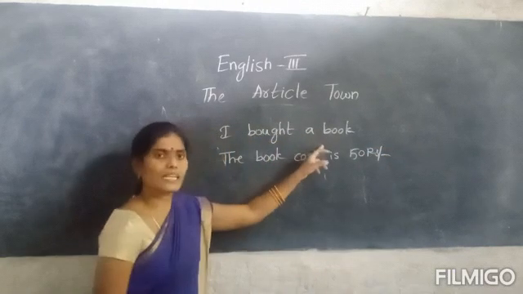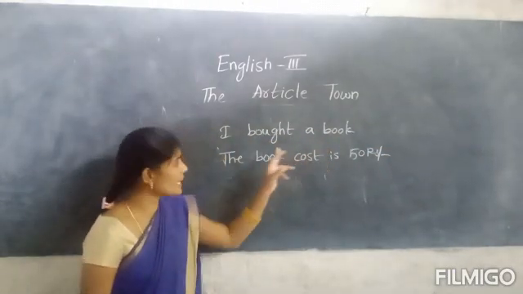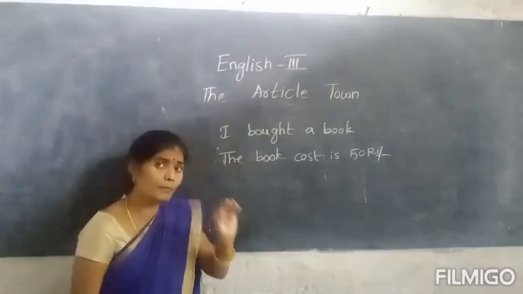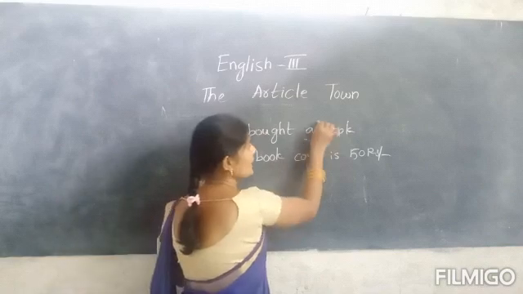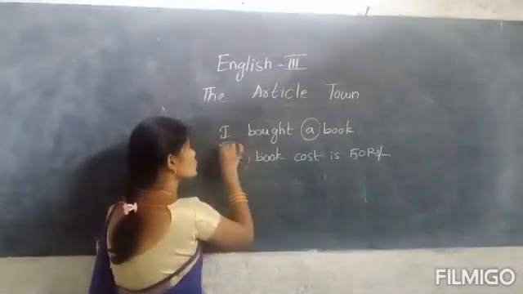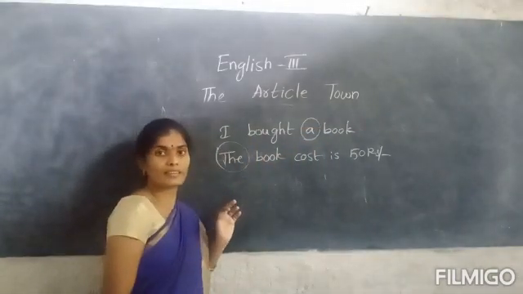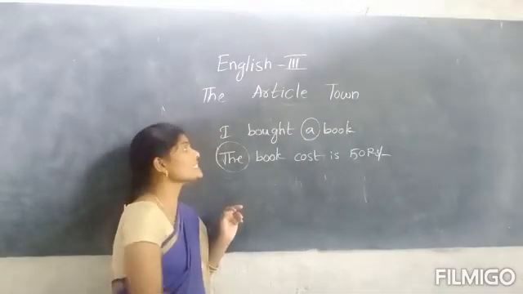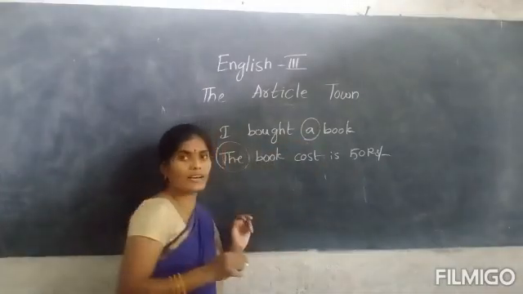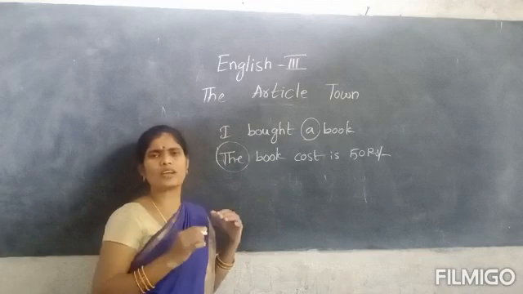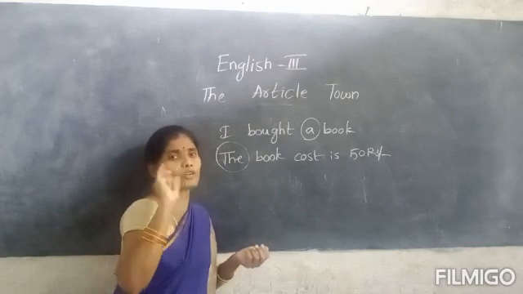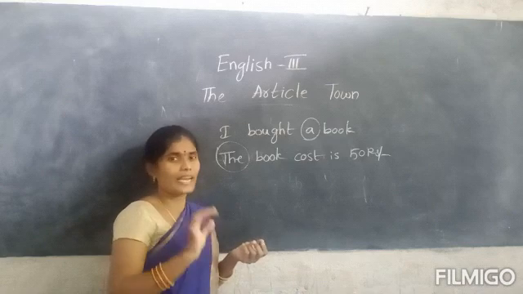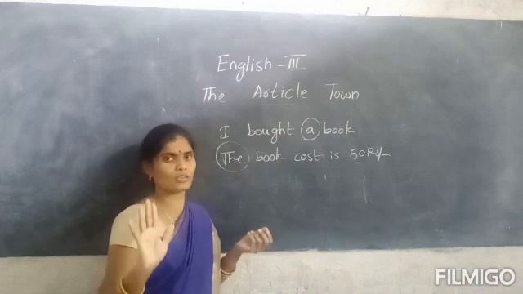Here also it is introduced about that book, the same book. But here I used a, and here I used the. Why? Because I bought a book here. A lot of books are there. Among the lot of books, I bought a book. It is not special. It is a book. That's it.